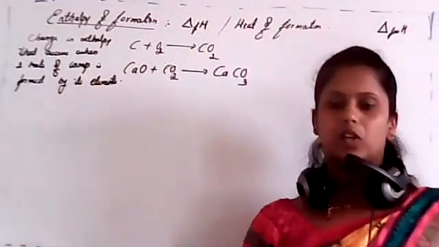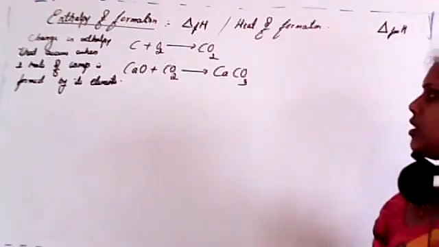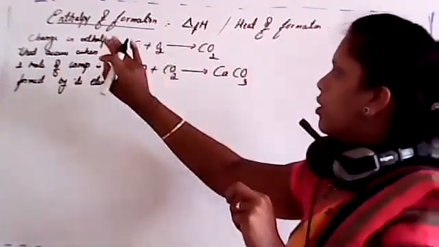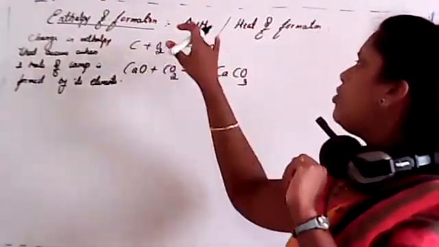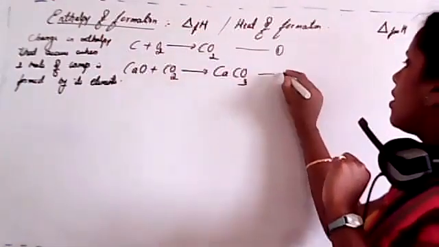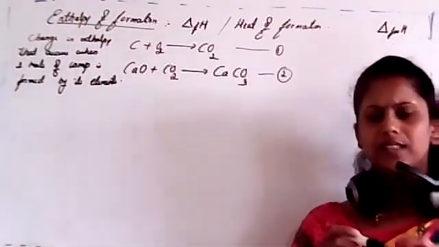So now just tell me, for enthalpy of formation, which one is the example, the first one or the second one? Which one is the example, students?